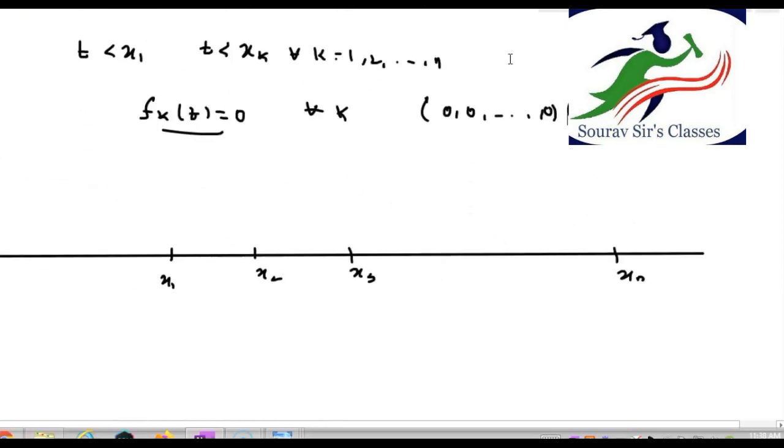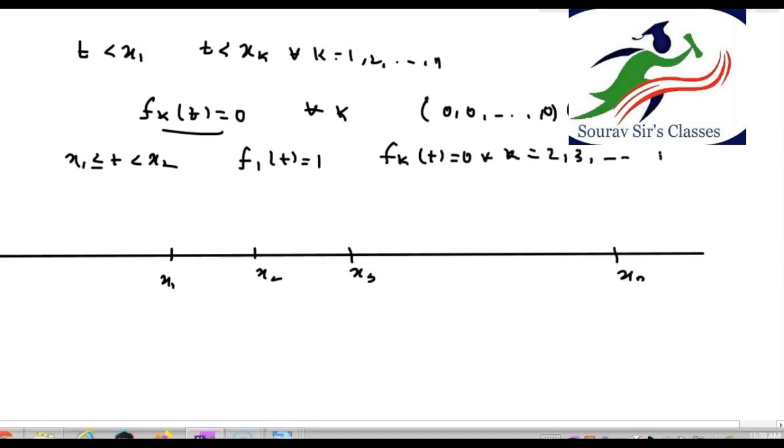Okay, now if x1 less or equal to t less than x2, in this range I can say that the value of f1(t) is 1 and fk(t) is 0 for all k equal to 2, 3 up to n. So this becomes (1, 0, 0, dot, 0).